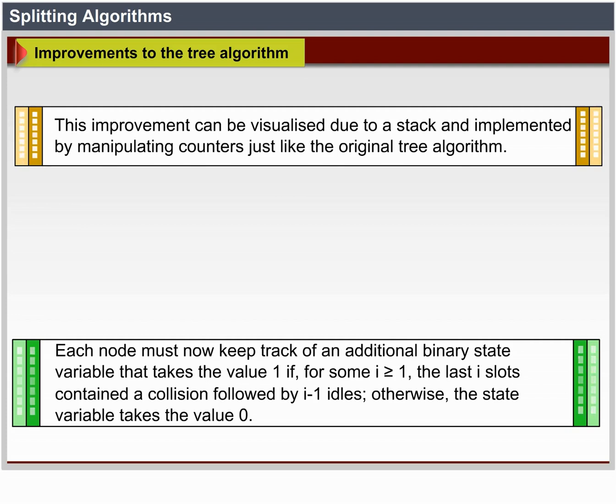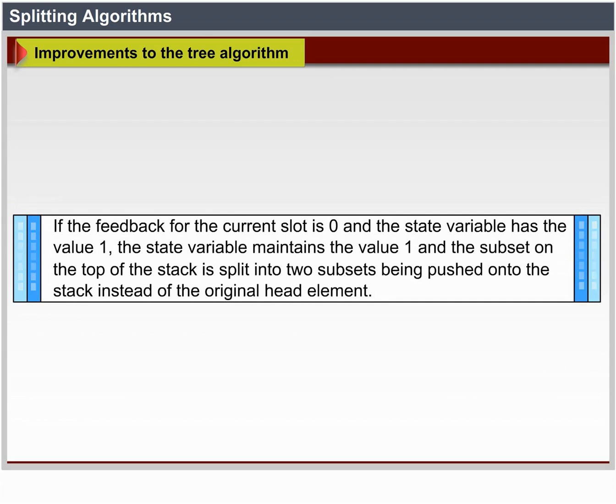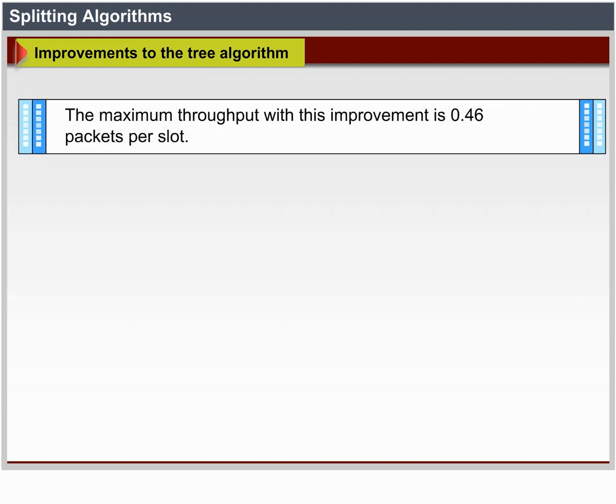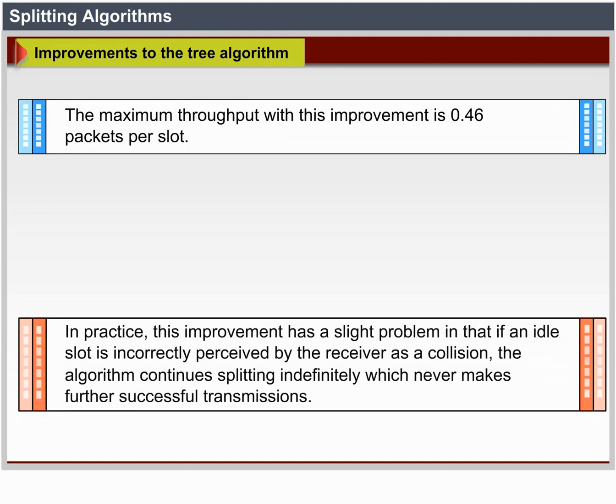If the feedback for the current slot is 0 and the state variable has the value 1, then the state variable maintains the value 1 and the subset on the top of the stack is split into two subsets that are pushed onto the stack in place of the original head element. The maximum throughput with this improvement is 0.46 packets per slot.